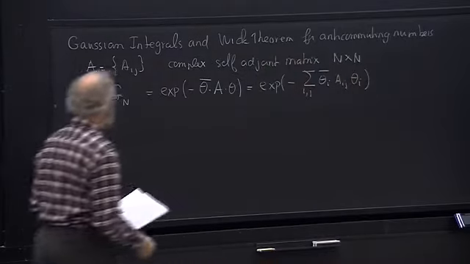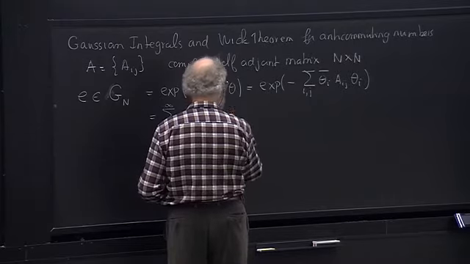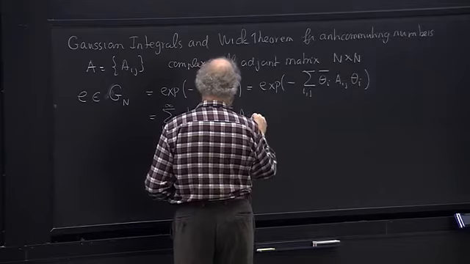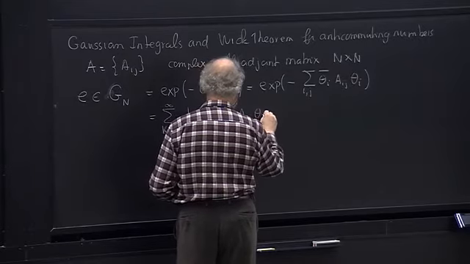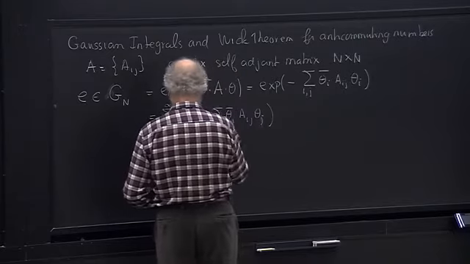Okay? And what do I mean by the exponential? I just mean the ordinary exponential. So the sum over k from 0 to infinity of 1 over factorial k, times minus the sum over i and j of theta bar i, A_ij, theta j, to the power k.